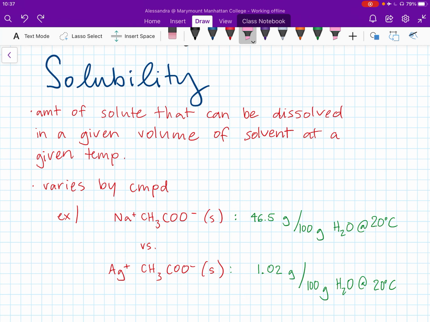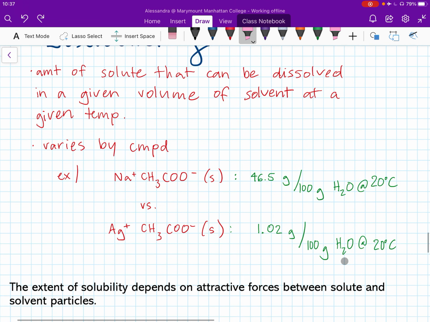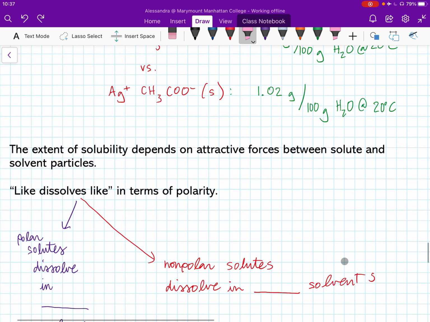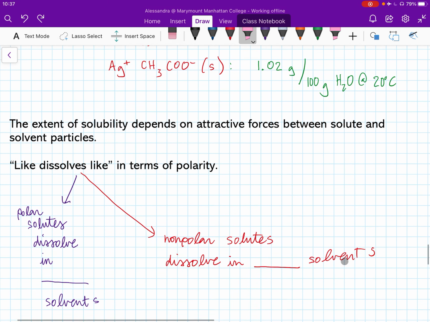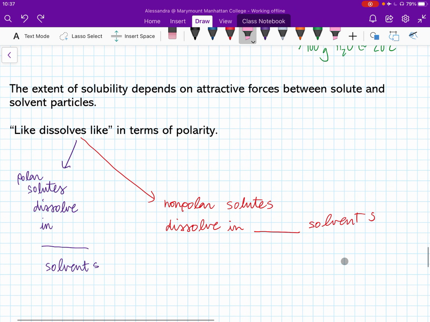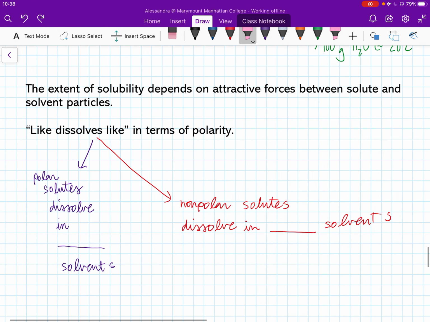So what governs solubility? Solubility, the extent of it, depends on the attractive forces that exist between solute particles and solvent particles. And here, like dissolves like is the mantra that governs solubility.